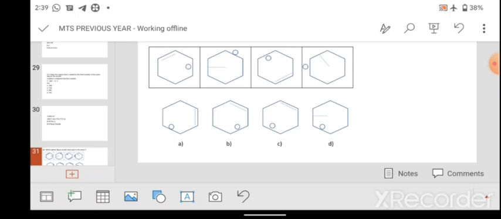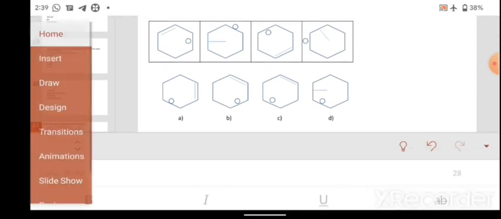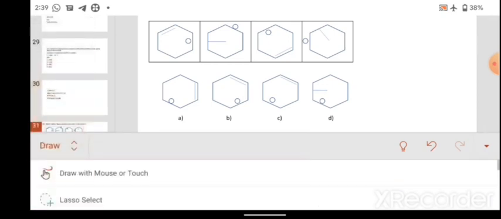And the circle, okay, let me see if I can draw. Okay, yeah, I can draw with mouse or touch.